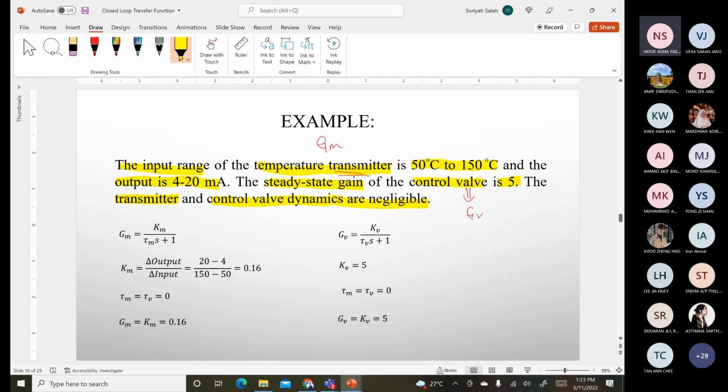So here we know that the input range of the temperature transmitter is 50 degrees C to 150 degrees C, and the output is 4 to 20 milliampere. So we assume the GM is in the form of the first order.